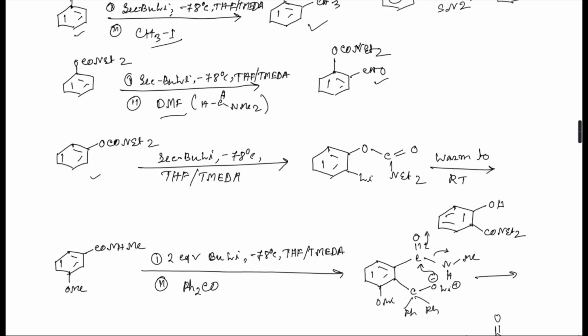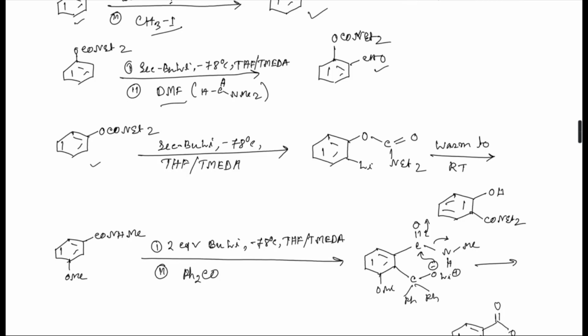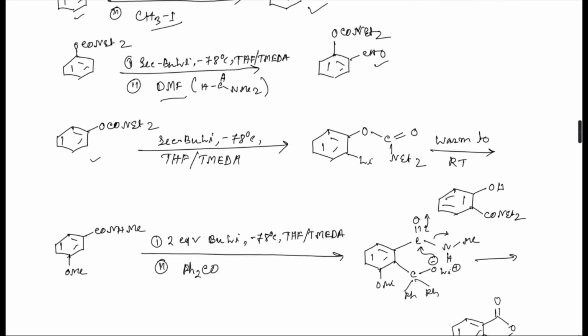When this reacts with secondary butyl lithium, it will give the ortholithiated product, and when it is warmed to room temperature, this lithium will attack this carbonyl group, and via an addition elimination reaction, the final product will be formed.